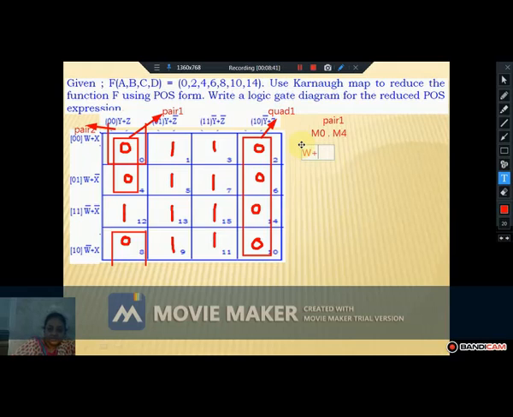M0 is W plus X plus Y plus Z, ANDed with M4, which is W plus X bar plus Y plus Z, so it is X bar.